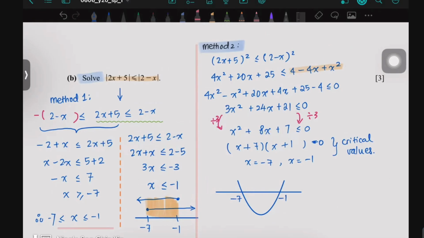The inequality shows less than or equal to 0. That means they are bounded under the curve. This is the negative side. We will have positive, negative, positive. Below is negative, so they are bounded by the curve. Therefore, your inequality for x is less than or equal to negative 1, more than or equal to negative 7. Okay, this is the final answer.